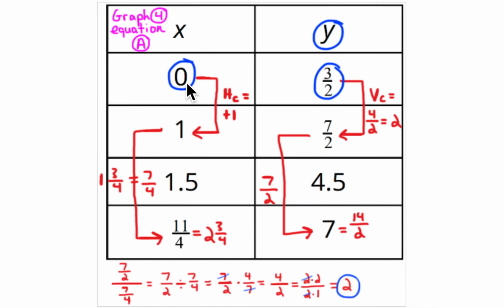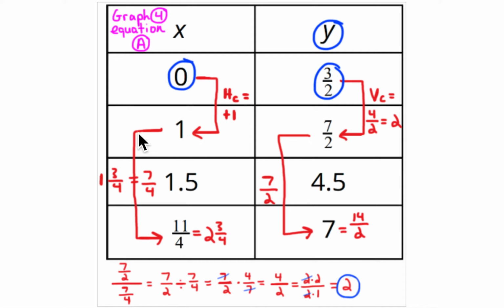So the change from going from 0 to 1 along the x-axis, that same change on the y-axis is from 3/2 to 7/2. So that difference, 7/2 minus 3/2 is 4/2. That's equal to 2. So the vertical change is 2 units for a horizontal change of 1 unit. So that is a slope of 2.